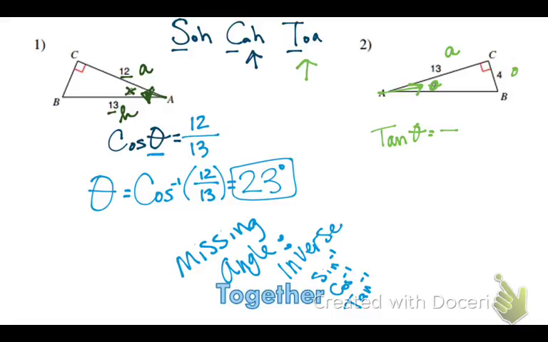Tangent equals the opposite over the adjacent. So opposite is 4, and the adjacent is 13. You're still solving for an angle, so whenever you solve for an angle, that's when you hit shift. So tangent to negative 1 will pop up. Round to the nearest whole degree. 17.